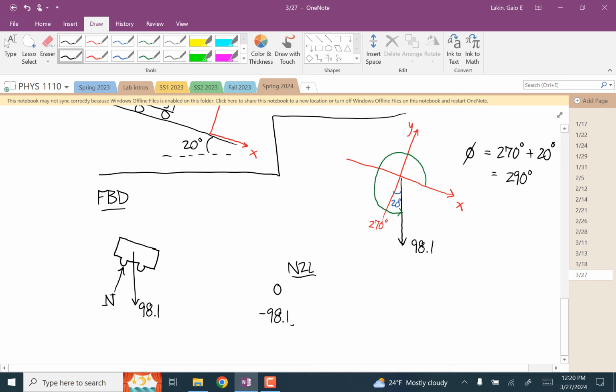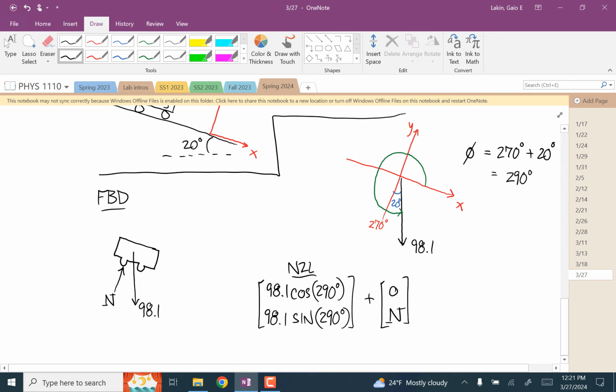Nope, that's exactly what you're not supposed to do. 98.1 times cosine and sine of 290 degrees, plus that normal force is in our y direction, so this is just 0, N. That's how that normal force always shows up.